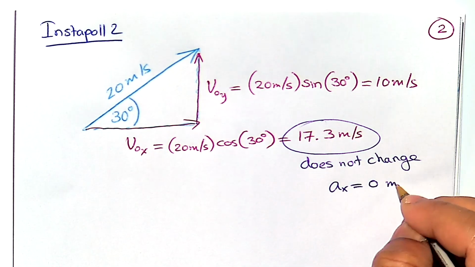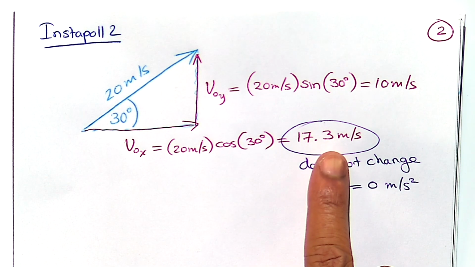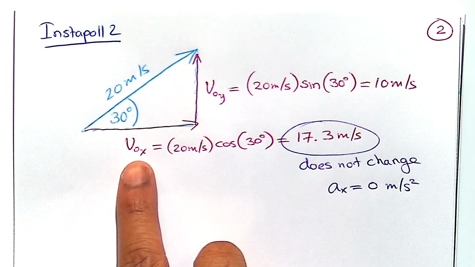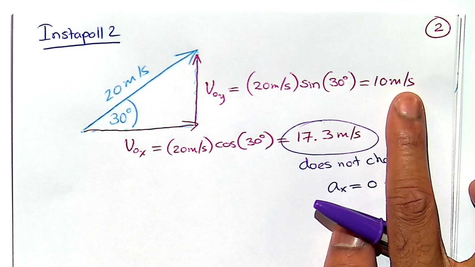That's 0 meters per second squared. If there's no acceleration in the x direction, the velocity in the x direction cannot change. So that's a good thing to remember. We can almost leave the x part alone because it doesn't change.